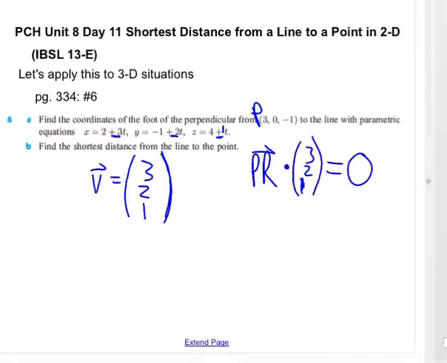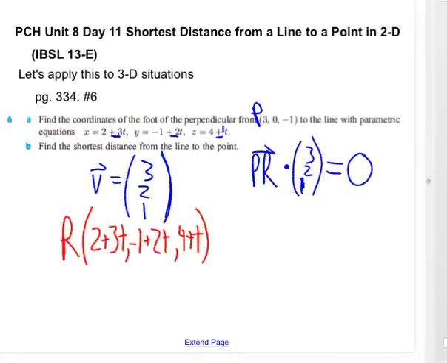All right? So now, R. How are we going to represent the point R? There we go, with the parametric equations. 2 plus 3t, -1 plus 2t, and then 4 plus t. Now that we know that, we can get vector PR. Okay?